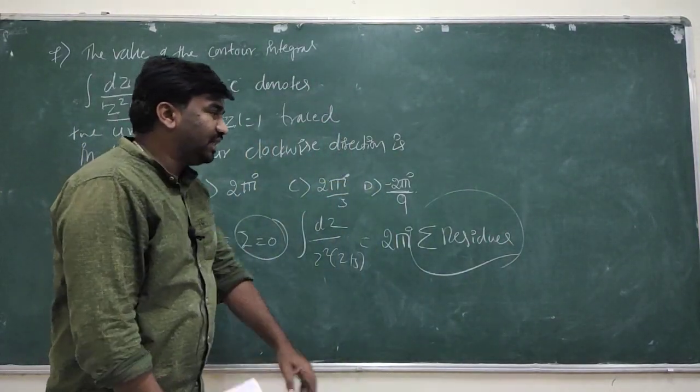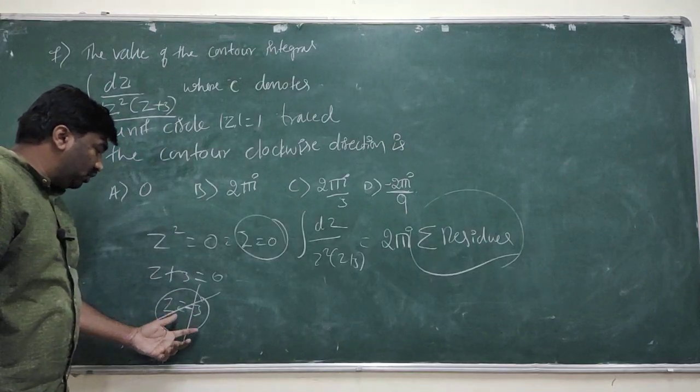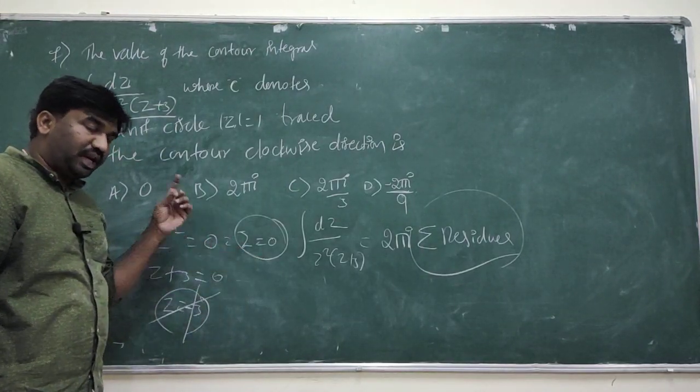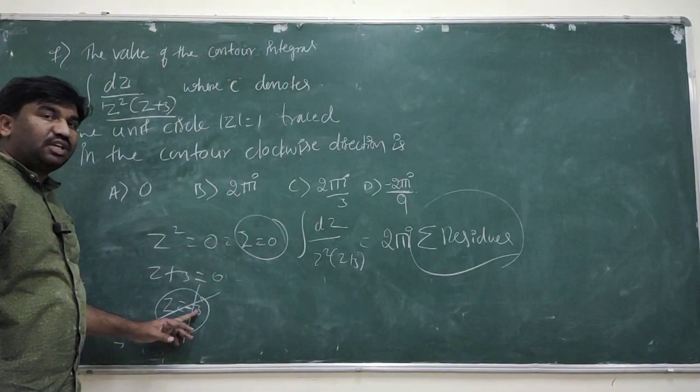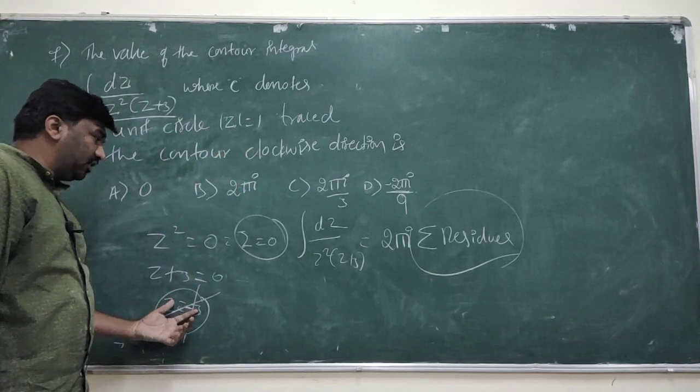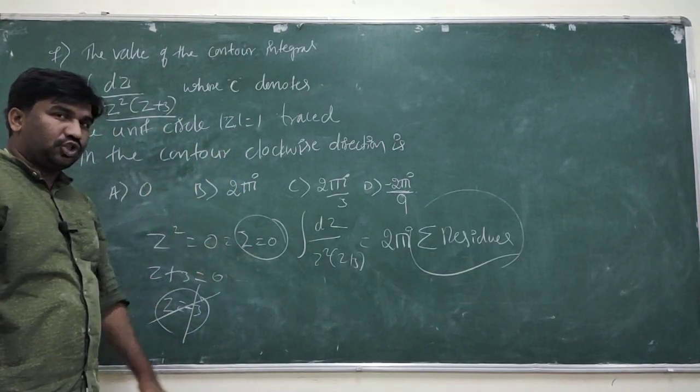We have to calculate the residue for z is equal to minus 3 and z is equal to 0, but actually z is equal to minus 3 is out of the circle. No need to calculate this one, only we have to calculate for z is equal to 0.